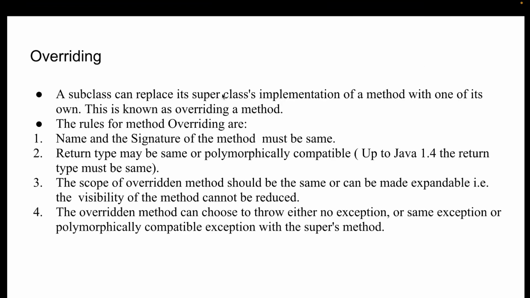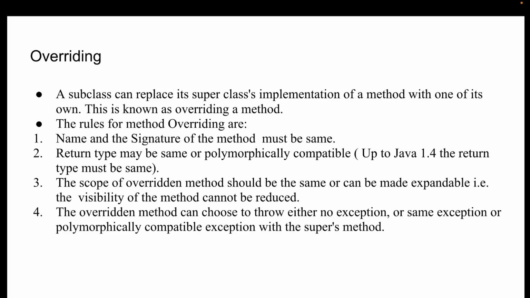A subclass can replace its superclass implementation of a method with one of its own. This is known as overriding a method. Suppose you have some method in your parent class and you have the same method defined in your child class as well. The child class is also called a subclass.